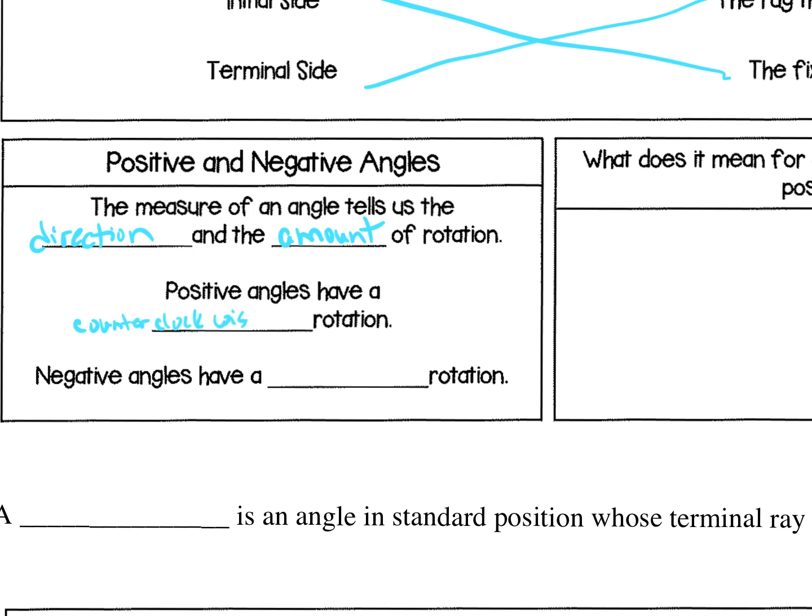If you think about it, it's because of our quadrants, right? If we are starting in that standard position and we want to rotate into quadrant 1, and then quadrant 2, and quadrant 3, and quadrant 4, right? We have to rotate up. So that's counterclockwise. So negative angles, they have a clockwise rotation.